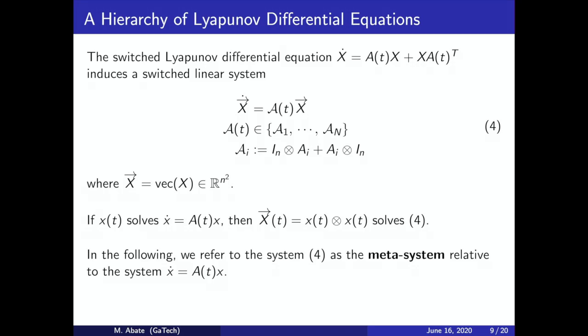Following from the methodology presented on the previous slide, we see that if x is a solution to x dot is equal to ax, then the Kronecker product of x with itself is a solution to the switched Lyapunov differential equation in its linear form given by 4. In the following, we refer to the system 4 as the metasystem relative to the system x dot is equal to ax.